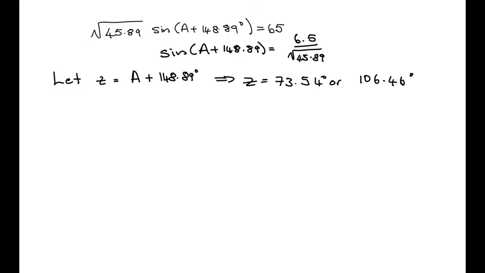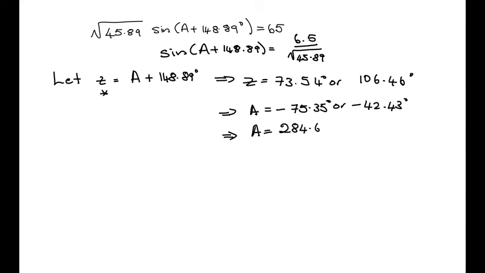And that gives us, rearranging that equation, that A is equal to negative 75.35 or negative 42.43. Really, we needed to have our answer between 0 and 360. So if we add 360 to these two numbers, then we get A is equal to 284 or 317.